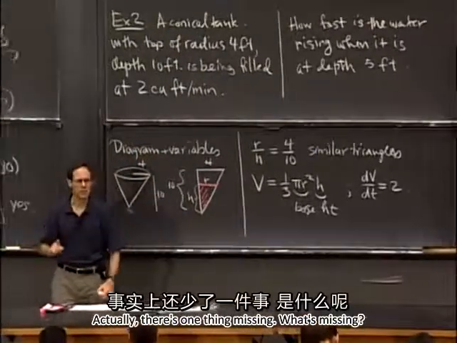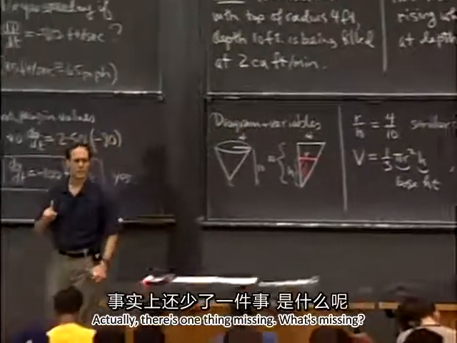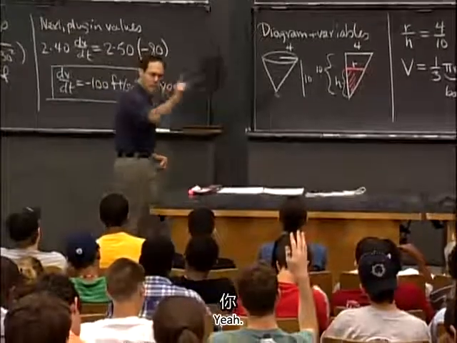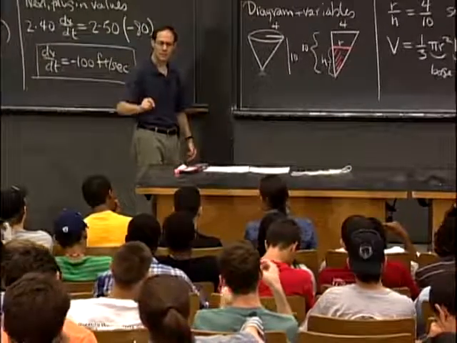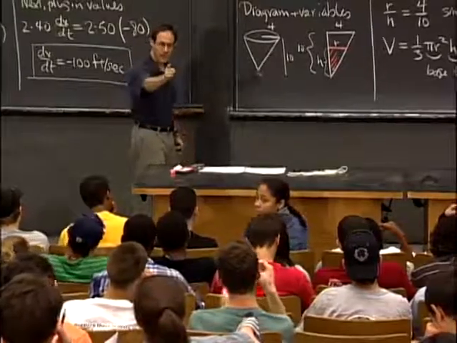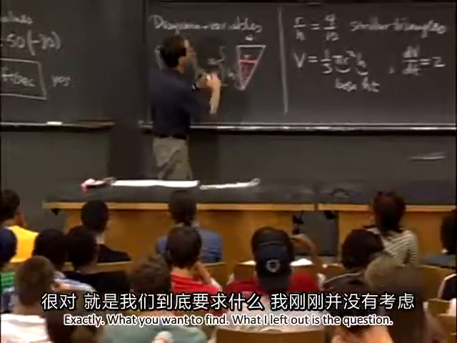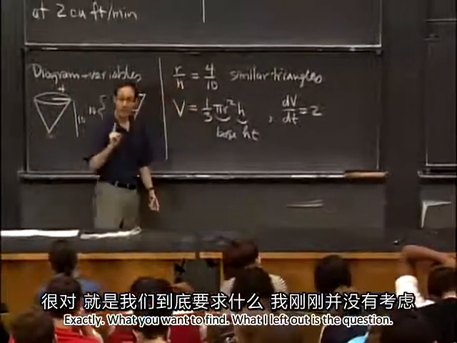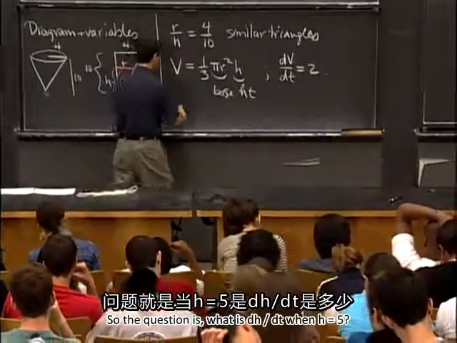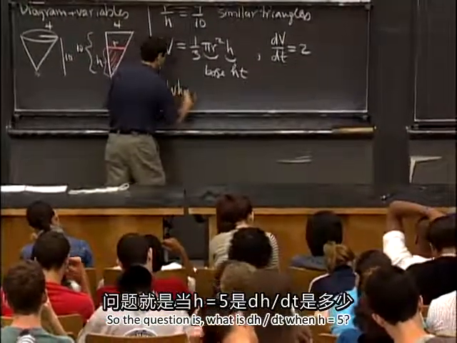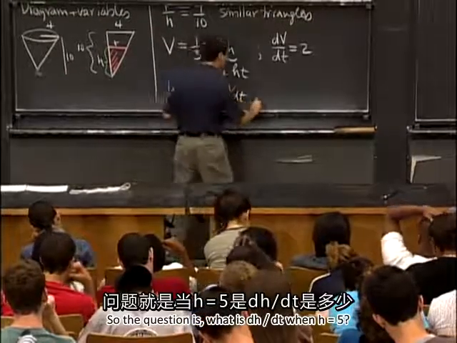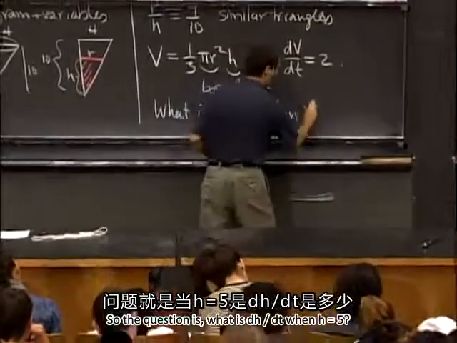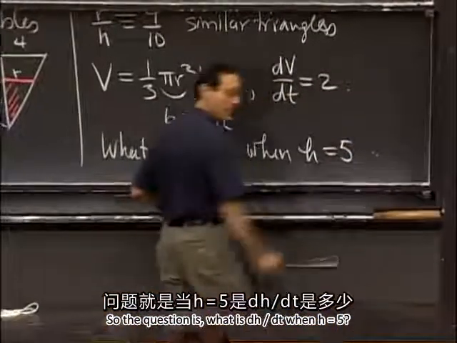Actually, there's one thing missing. What's missing? Yeah? That you want to find the... Exactly. What you want to find. What I left out is the question. So the question is, what is dh/dt when h is equal to 5?